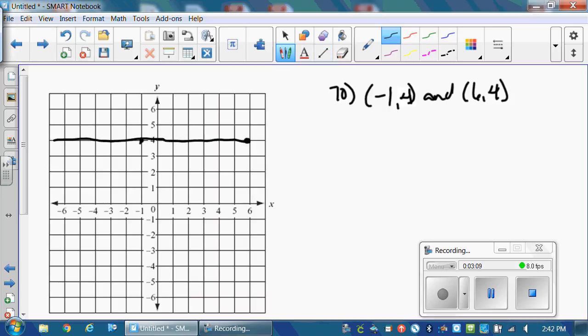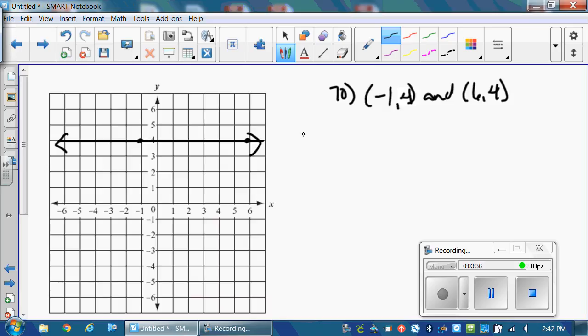Why didn't that draw straight? I don't like that. Try that again. (-1, 4) and (6, 4). You have the ability to get a straight edge. I don't, so I'm going to use this feature, which makes a straight edge. I can draw the arrows on both ends. There's the line.